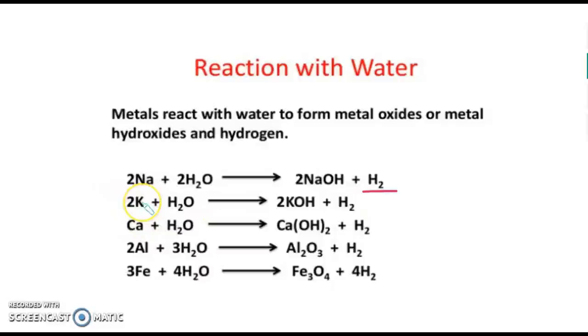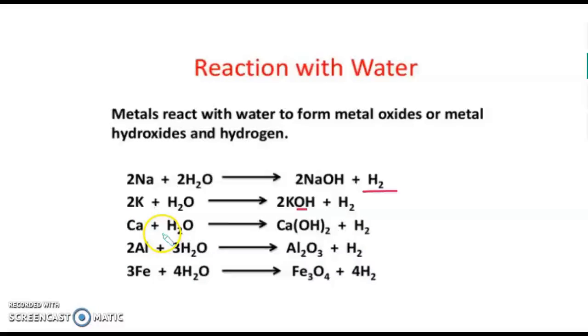Potassium reacts with water to give potassium hydroxide and hydrogen. H2 stands for hydrogen. Where there is OH, it means it's a hydroxide. So these are all metal hydroxides.